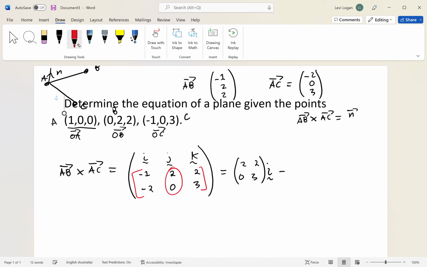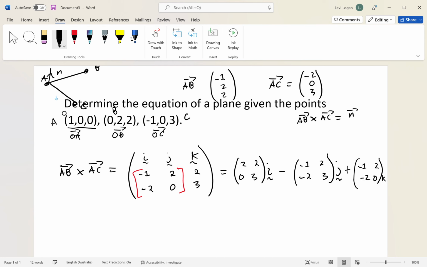Ignore these numbers here. Just look at the matrix negative 1, 2, negative 2, 3, j. And for the k value, find the determinant of this 2 by 2 matrix here, plus negative 1, 2, negative 2, 0, k.